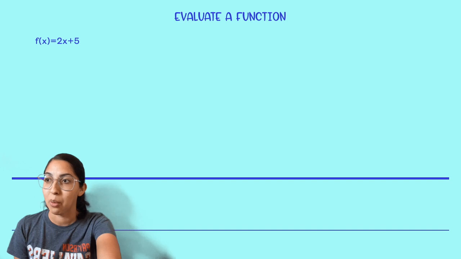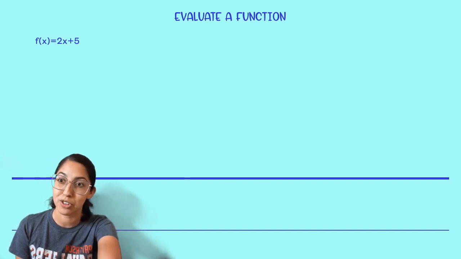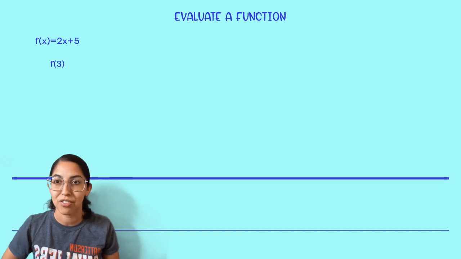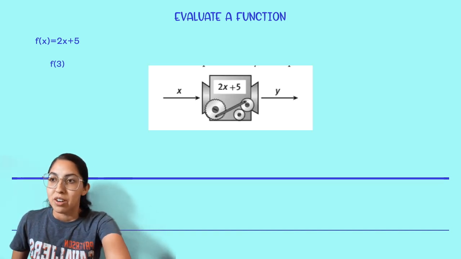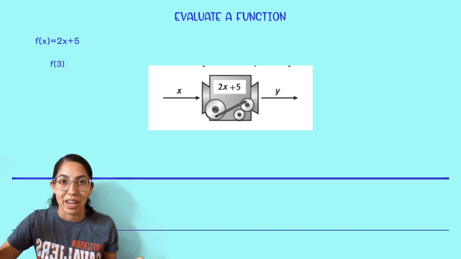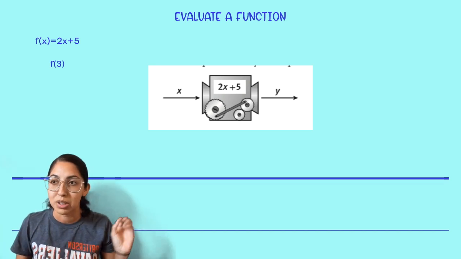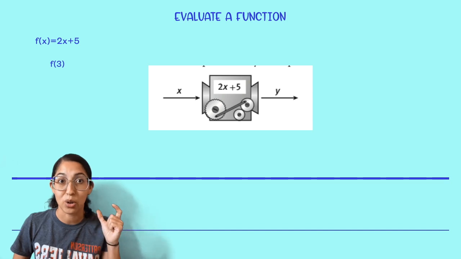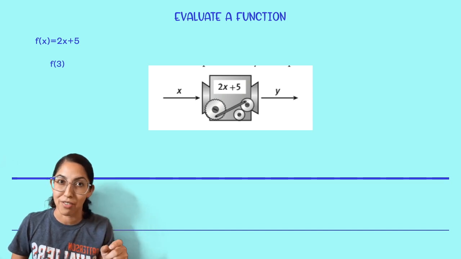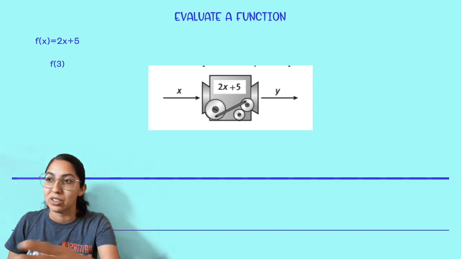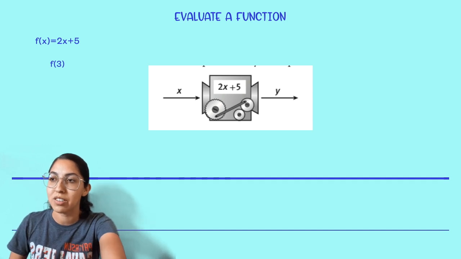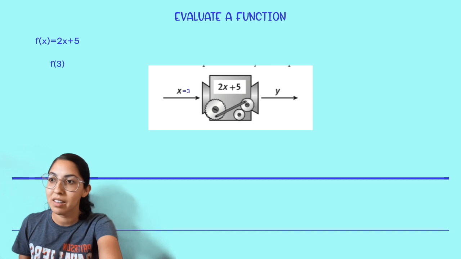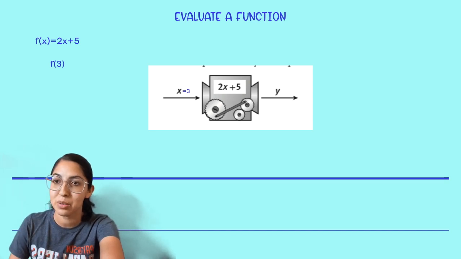Pretty simple. Now we're going to evaluate a function. Our function is f of x equals 2x plus 5, and we are going to evaluate this function at f of 3. We can turn this into a machine where we have x as our inputs and we're getting outputs, which are our y values, because technically what we want is a coordinate point so that we can graph it. Since we changed x to 3, we're just going to say x equals 3.